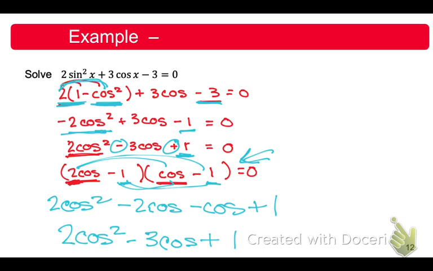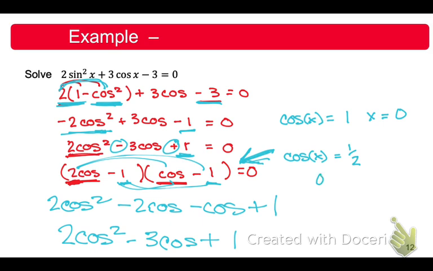Okay, so right here, cosine equals what? Cosine equals 1 and 1/2. So where's cosine 1 at? 1 is at the quadrantal angle, 0. Cosine is x. Okay, where's cosine 1/2 at?